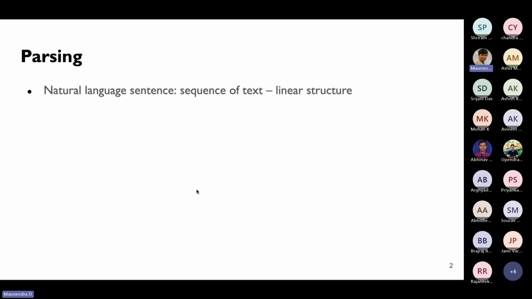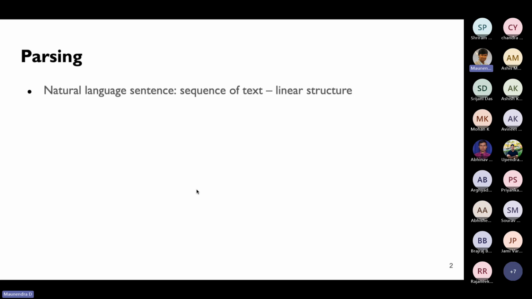In some other sense, parsing also tries to identify specific pieces of information from the input. For example, when you give command line arguments to a program, there is some parser that detects which argument is for which field, right? Similarly, in a compiler, when we look at sentences, there is a parsing that happens, and we get some kind of structure to identify whether it corresponds to the grammatical rules or not.